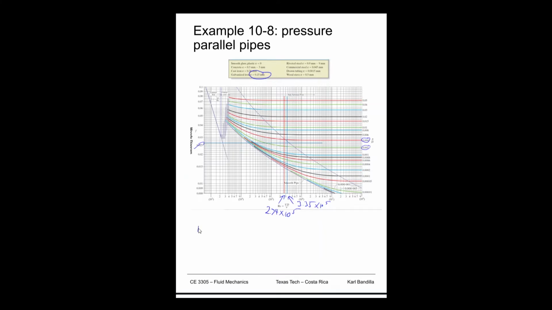All right, so we can say from Moody diagram, FB, right? No, FB was the blue one. Doesn't matter. We're connecting here, we're connecting there.